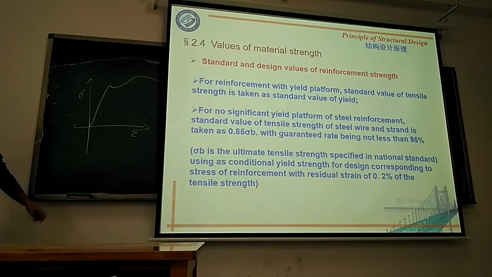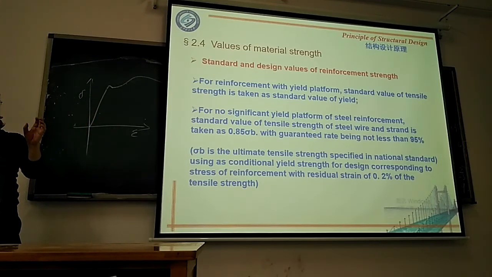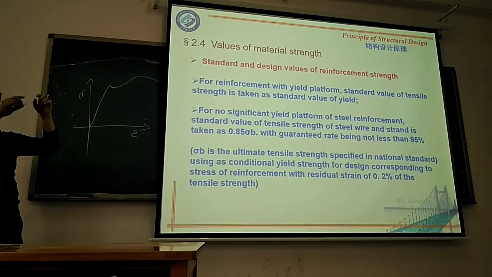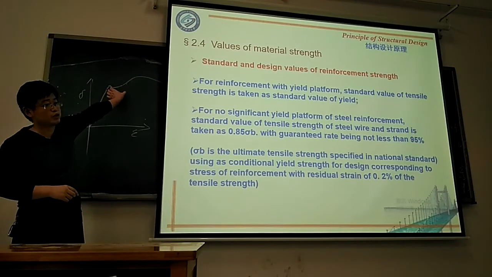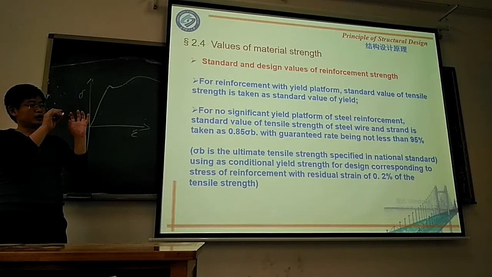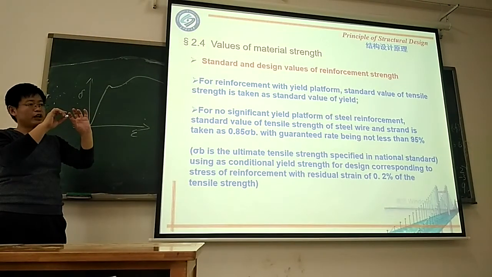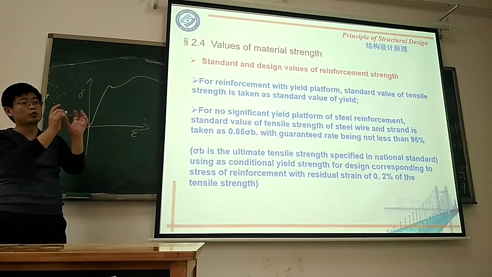If the carbon content increases, the strength of the reinforcement will increase, but the plasticity will decrease, and the yield platform will shorten, even be lost. That means the reinforcement will crack easily once the force increases.